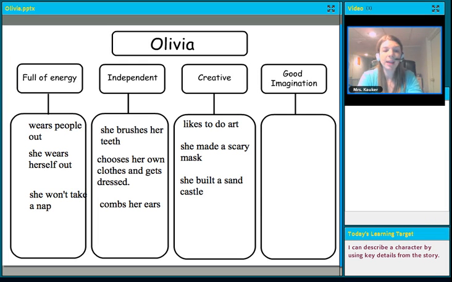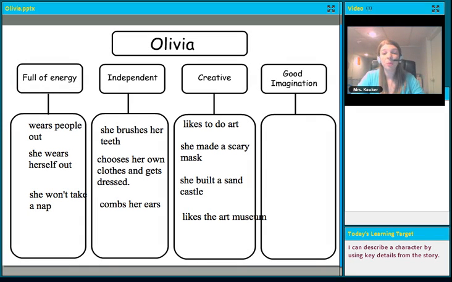So she likes the art museum. That is another reason that I think that Olivia was creative. So she likes to do art, she made a scary mask, and she likes the art museum. We thought of 4 things that time.